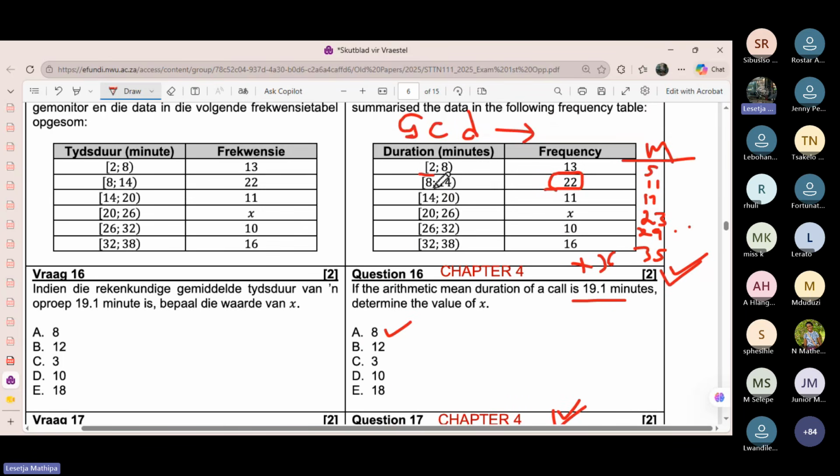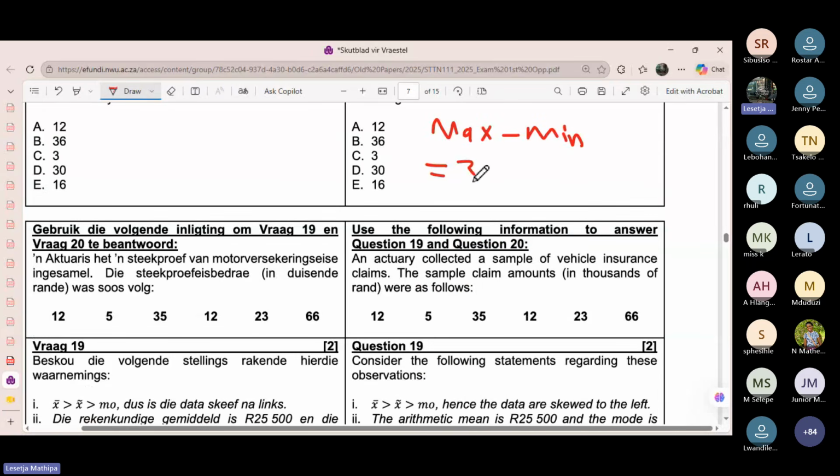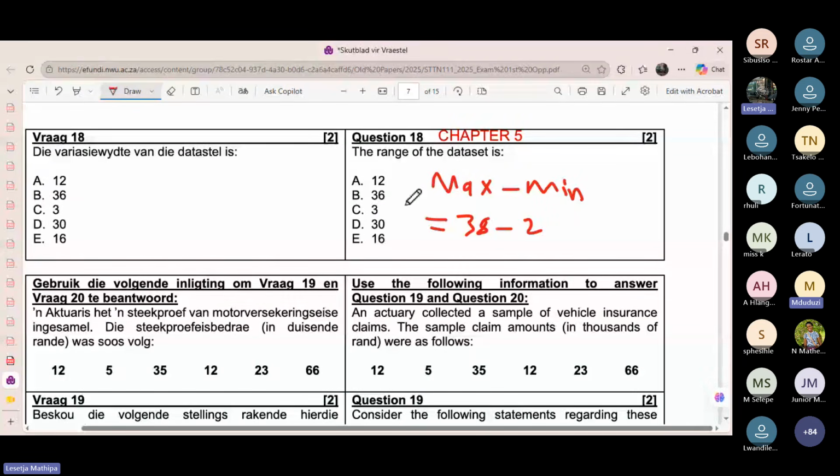The minimum is 2, the maximum is 38. Then you say 38 minus 2, and it's going to give you 36. Then you get your free 2 marks. Any questions?